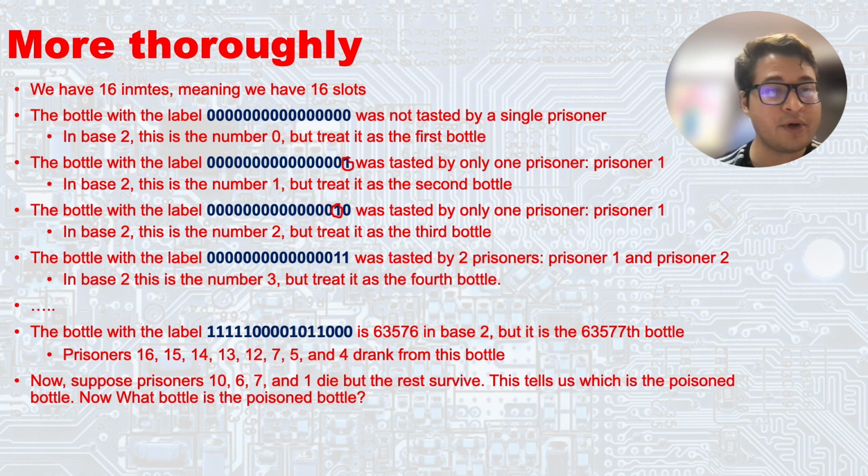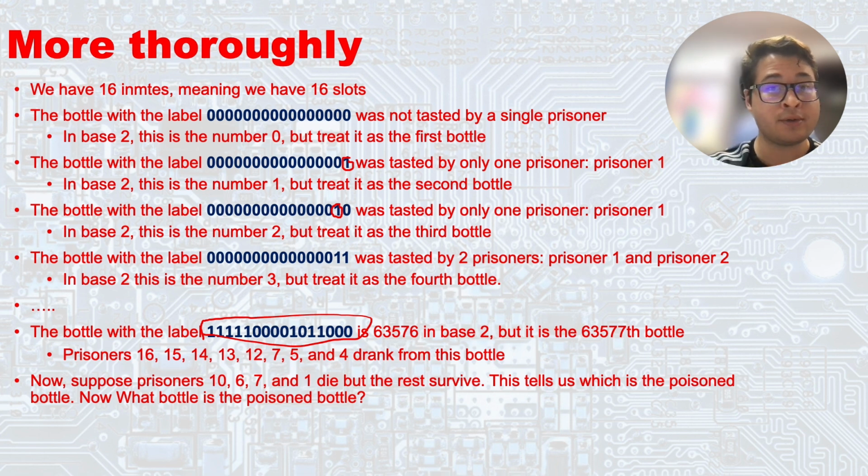Now, the bottle with this label right here, you see that we have a 1 in positions 16, 15, 14, 13, 12, 7, 5, and 4. And this is the number 63,576 in base 2. But it is the 63,577th bottle. Why?